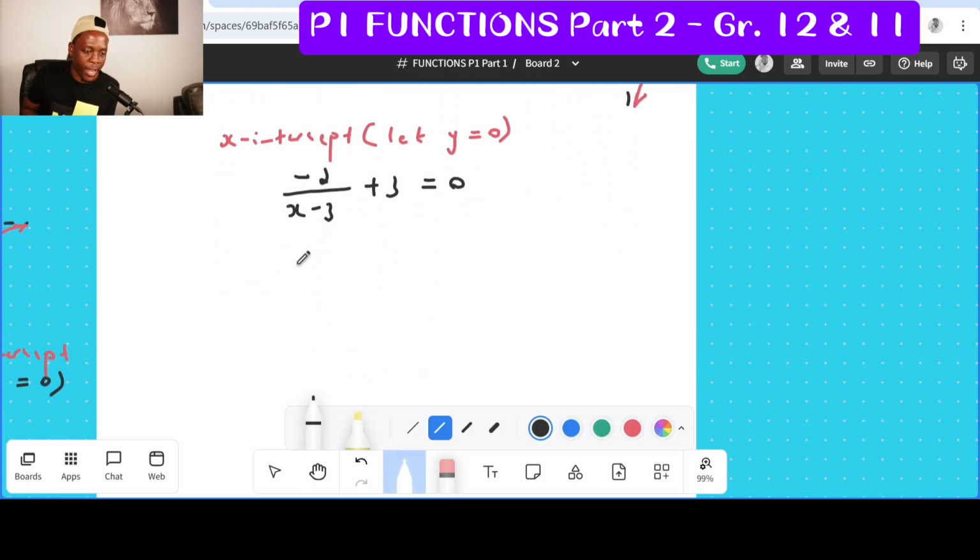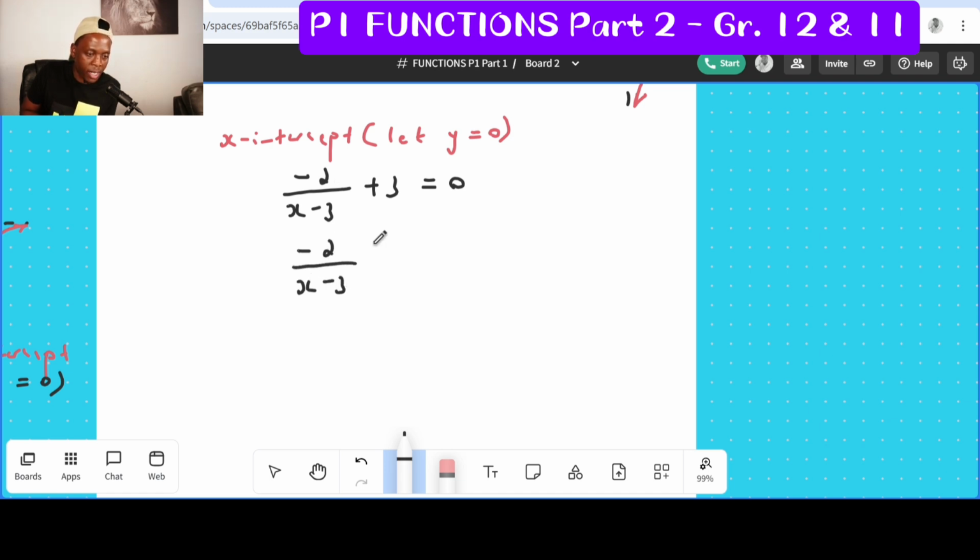To solve for x, just remember what we learned in grade 10 and 11 about solving an equation with fractions. One of the methods to use will be cross multiplying. So to prepare for cross multiplication, we'll take +3 to the other side. It will become -3.